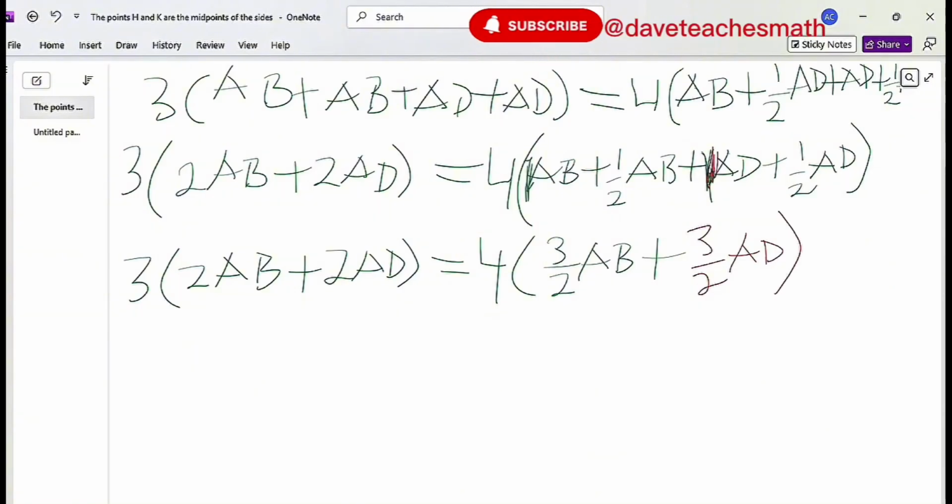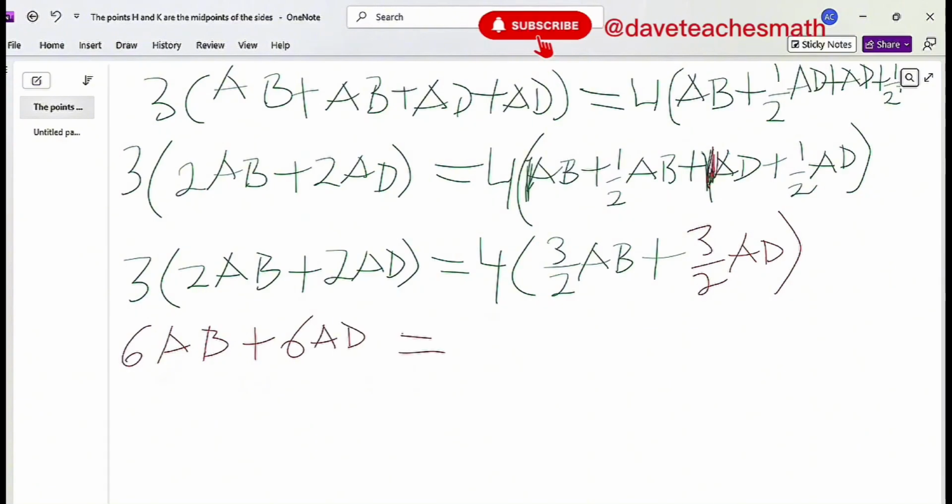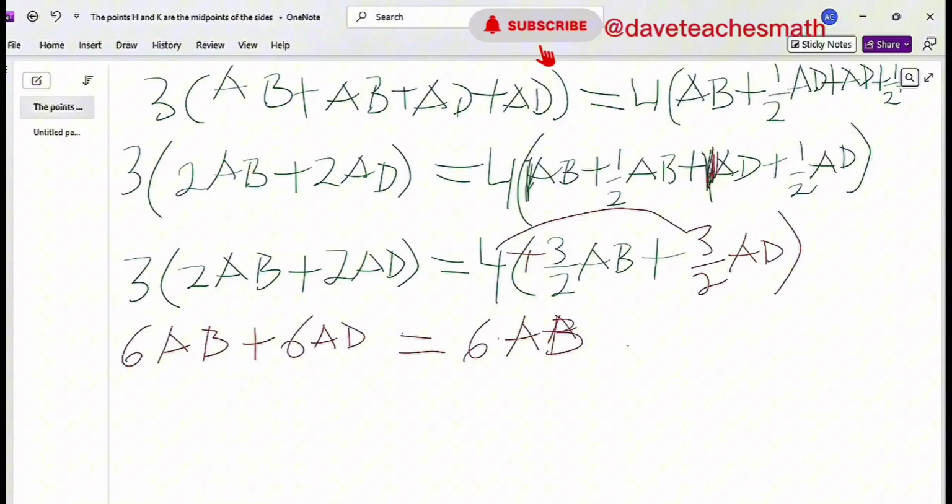Now let's expand them from the brackets. We have 6AB plus 6AD. On the right, 4 times 3 is 12, divided by 2 gives us 6AB, and when 4 multiplies 3 over 2, we also get 6AD.